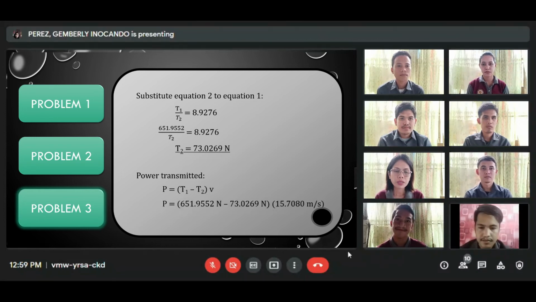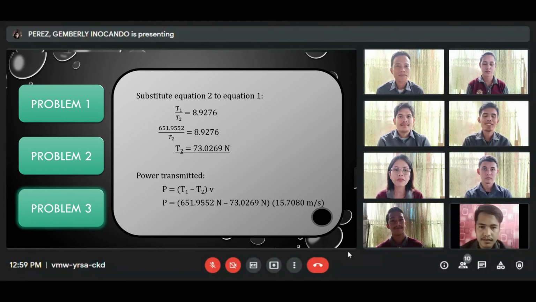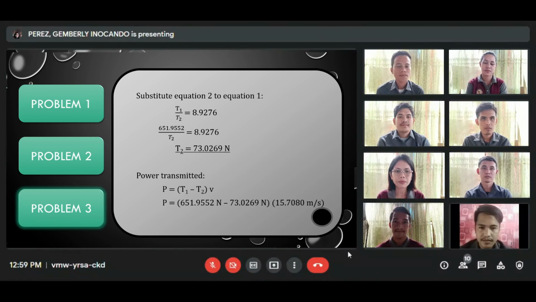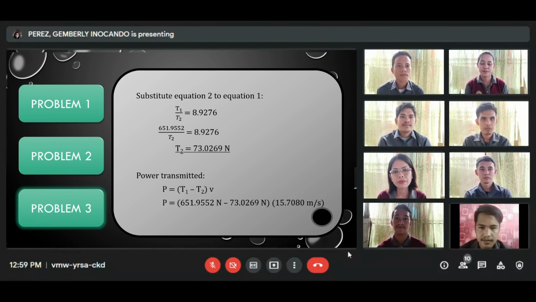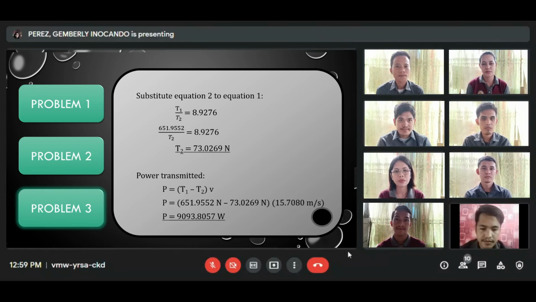Power transmitted is equal to 651.9552 Newton minus 73.0269 Newton multiplied by the velocity, which is 15.7080 meter per second. The answer would be 9,993.8057 watts.